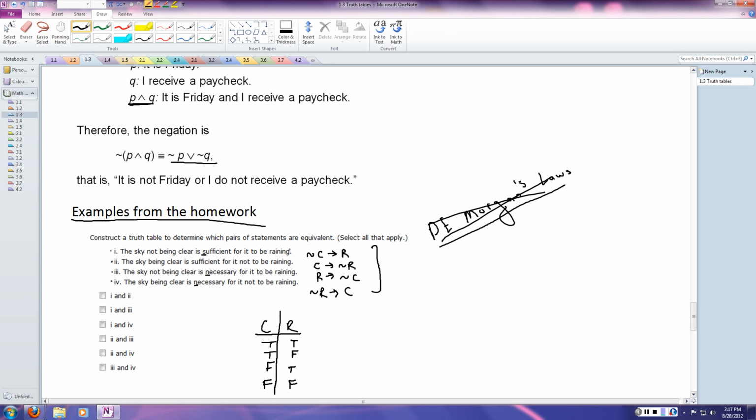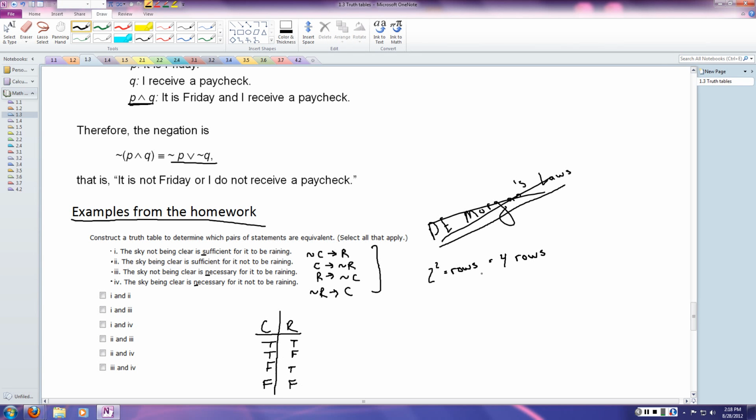Since you have two things, either being clear or raining, you have two squared rows, so you need 4 rows. And from 4 rows, you put every possible combination: true, true, true, false, false, true, false, false.